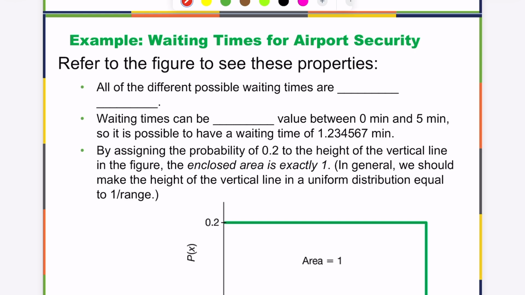All of the different possible waiting times are equally likely. That's what we mean when we say uniformly distributed. That's a uniform distribution. Equally likely.